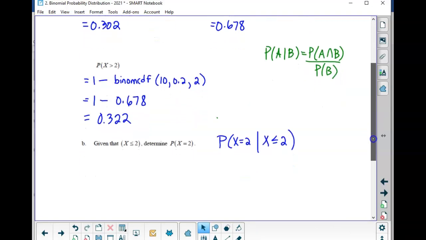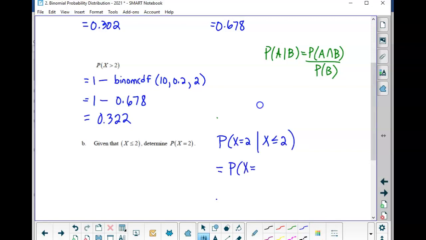So what you want to do here then, this is what we're trying to find. This is going to equal the probability that x equals 2 intersect x less than or equal to 2, over the probability that x is less than or equal to 2. Well, if you think about it, this intersection is when x equals 2.